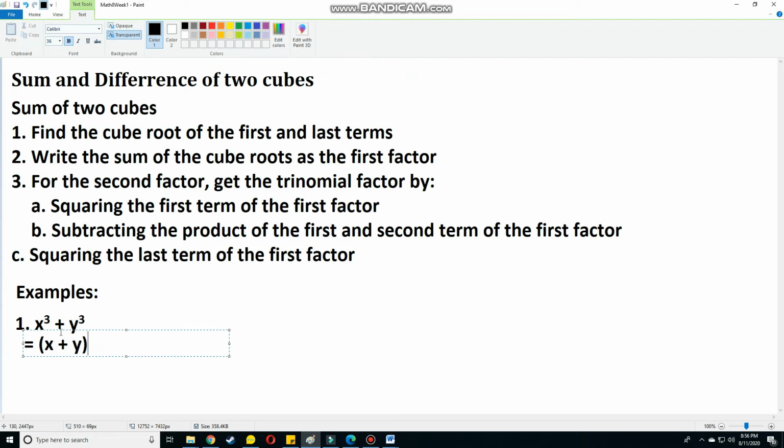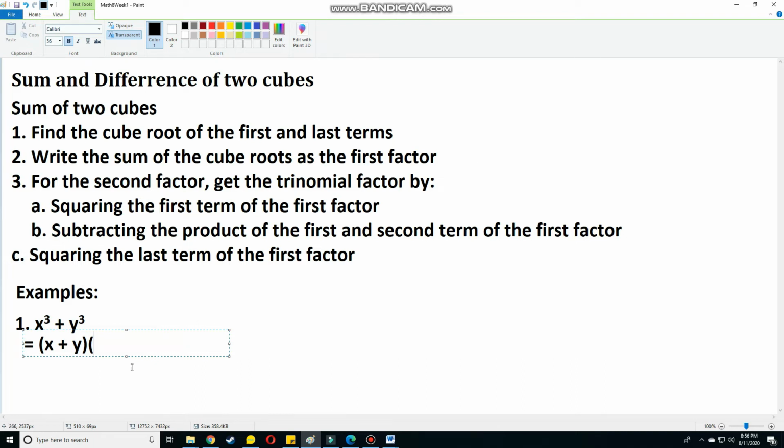Our first factor is a binomial, 2 terms, and our second factor would be a trinomial, meaning there are 3 terms. So let's follow the 3 steps. Then again, A, square the first term of the first factor.